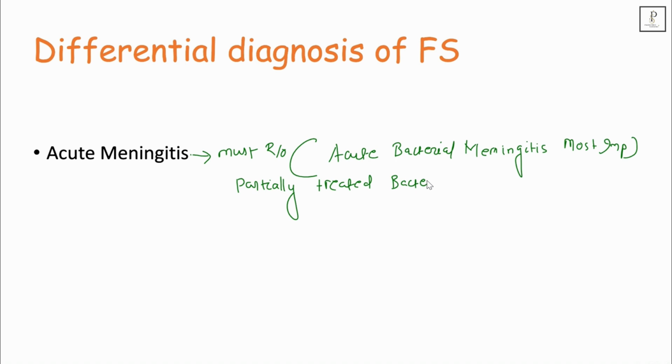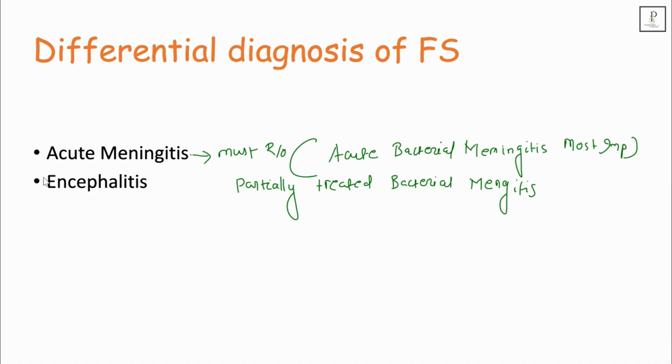Okay, when the child comes from another hospital, having been treated at other clinics or hospitals with antibiotic, and the child's symptoms improve after that. And when the child was previously treated with antibiotic, you should keep in mind partially treated bacterial meningitis. Next differential diagnosis, encephalitis.